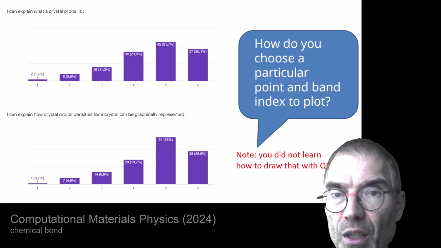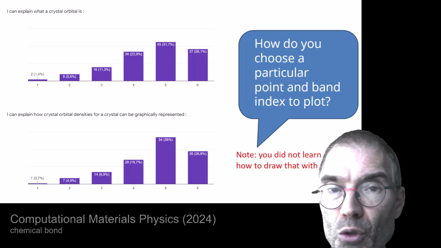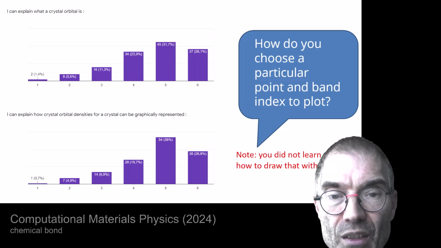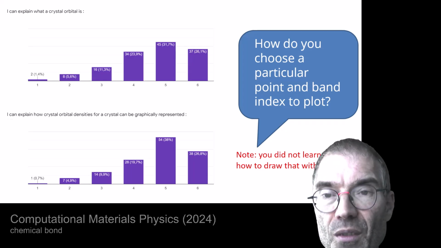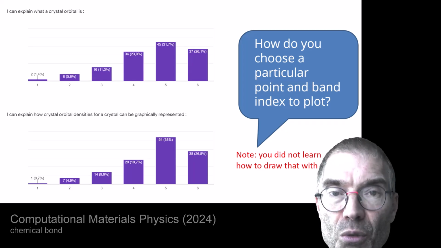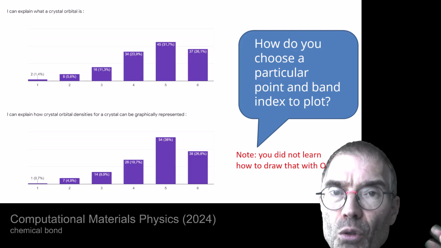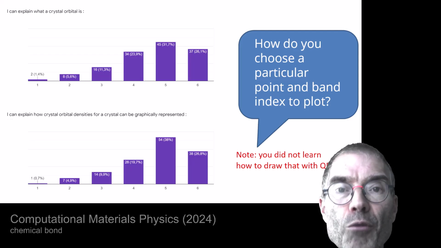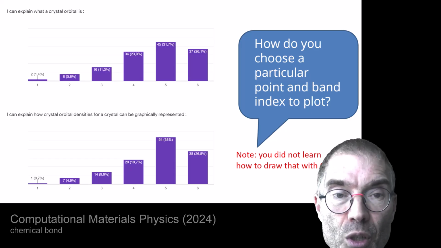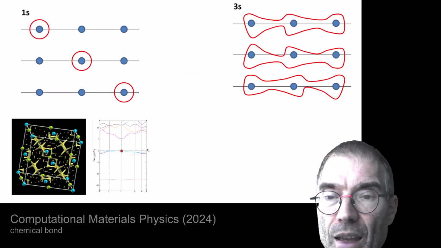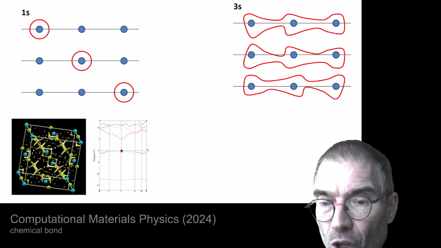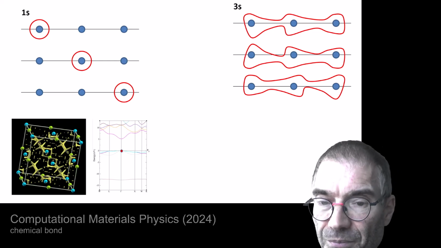So don't bother about how can I reproduce that. It's not a direct goal in this course to be able to reproduce that. But it's a goal to have an understanding of what is a crystal orbital. And here you saw a crystal orbital.